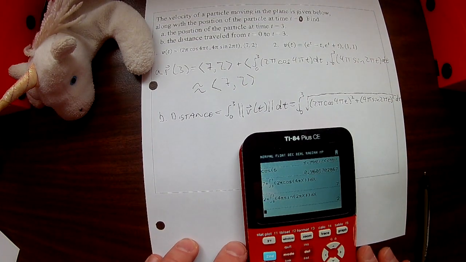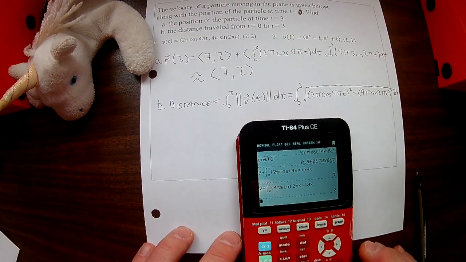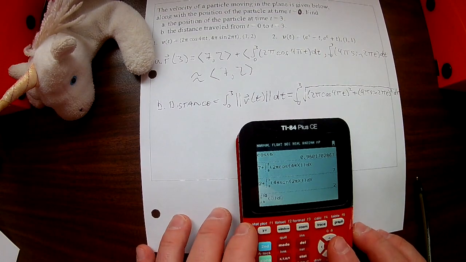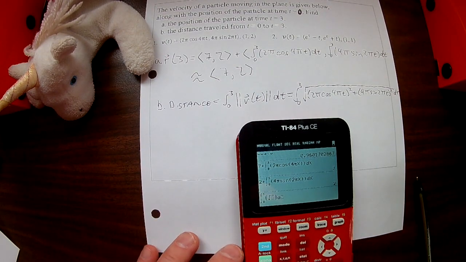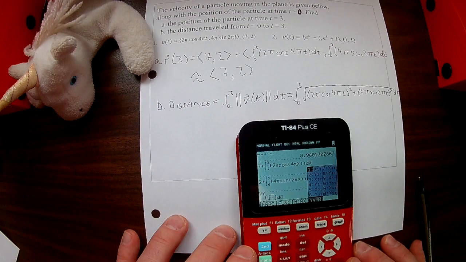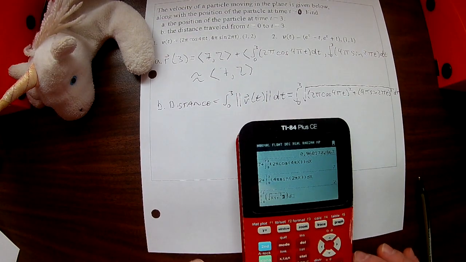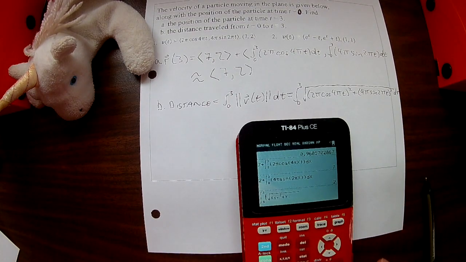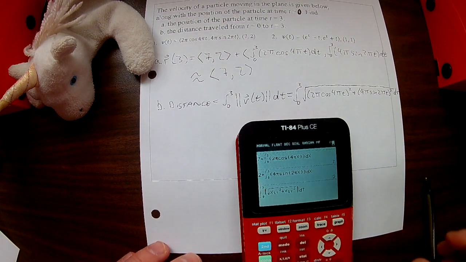And now on my home screen, because I can use the vars menu, I can now do fnInt from 0 to 3 of the square root of x1 squared plus y1 squared dt.